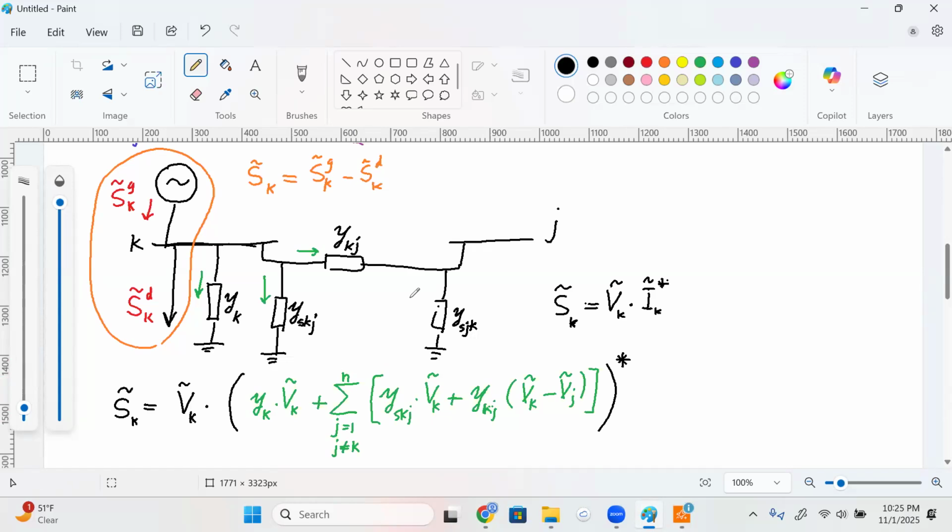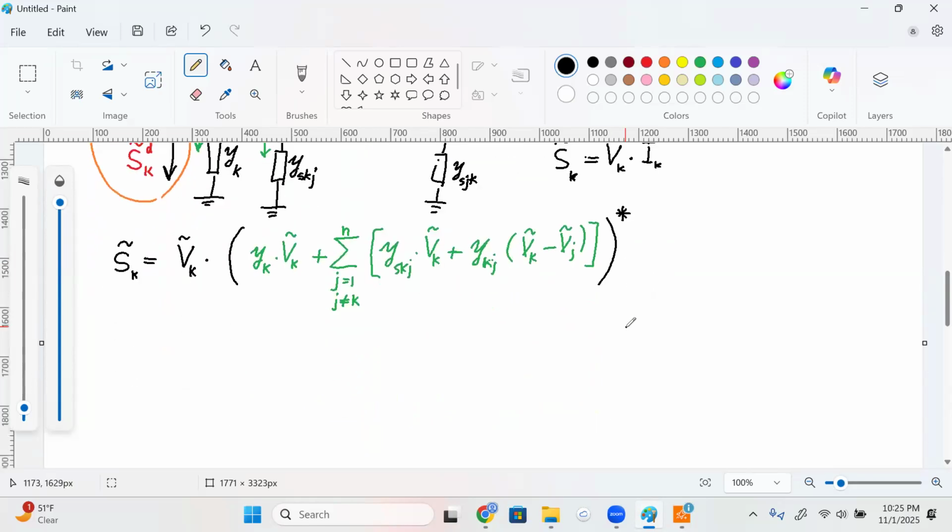So now I have a bunch of terms within the parentheses that are related to VK, and then a series of terms that are related to VJs over that summation. What I'll try to do next is separate these terms. So I will write this as follows. SK tilde is going to be the VK that I have times, let's look at the term within the parentheses and take everything that is multiplied by VK.